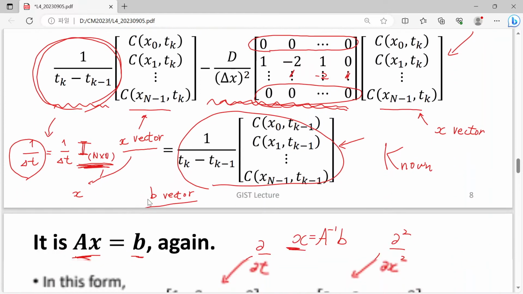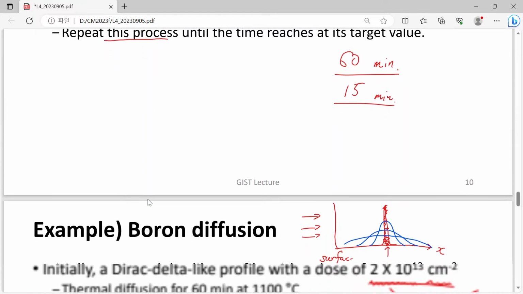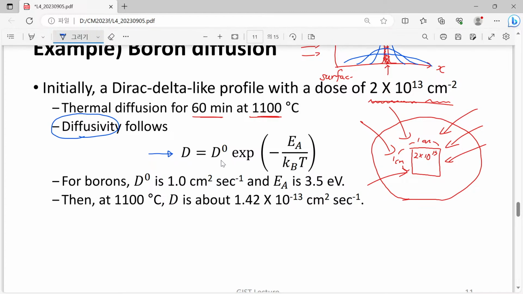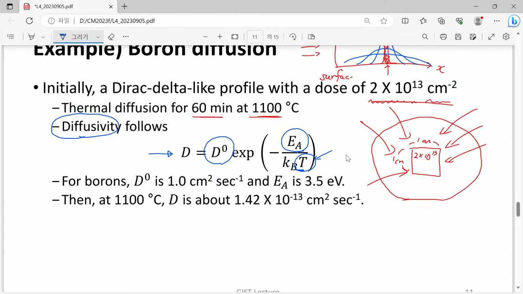Fortunately, from experiment, it is known that the diffusivity of our impurities usually follows this Arrhenius form. Here we have a coefficient, this is the activation energy, and this is the temperature of our processing. In this case, we have to use 1100 Celsius, although T is written in absolute temperature.